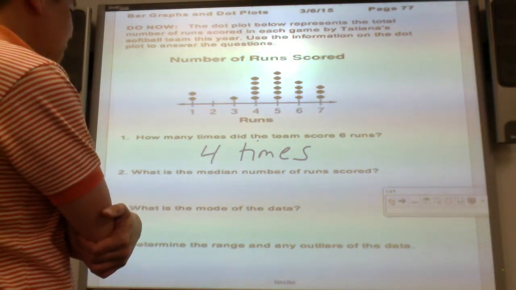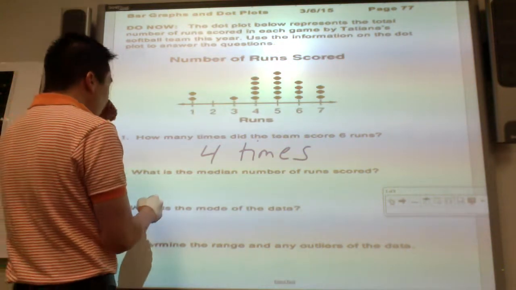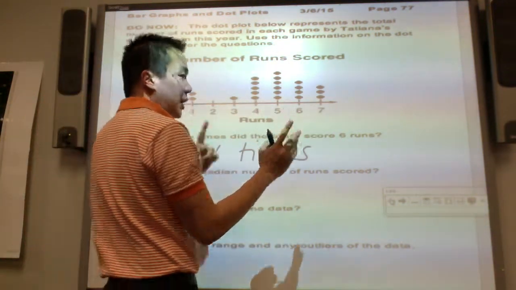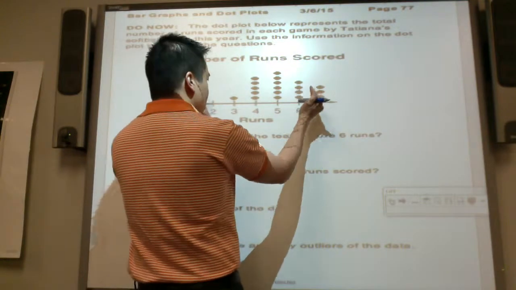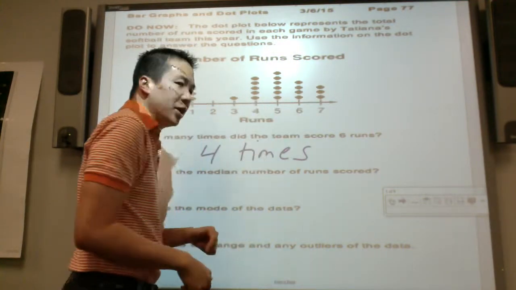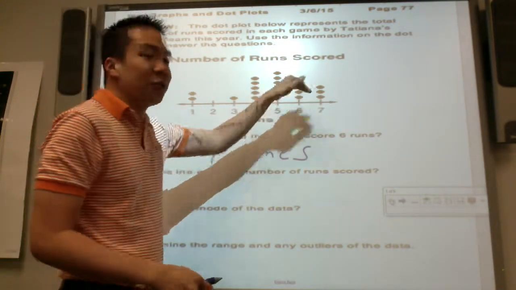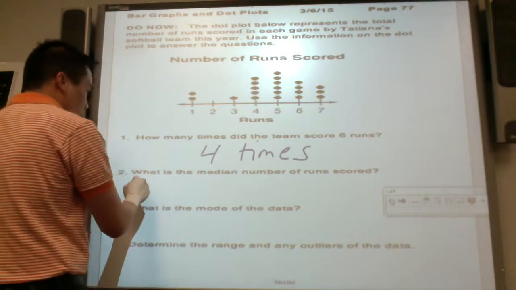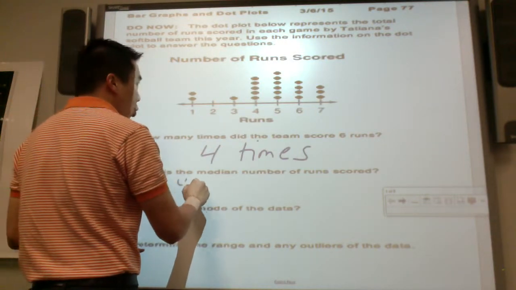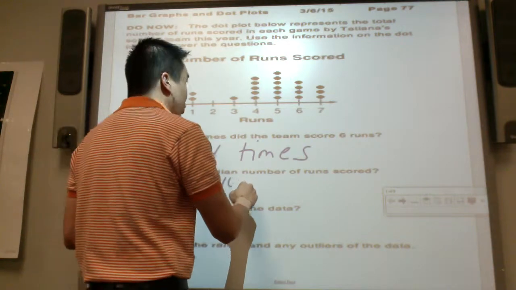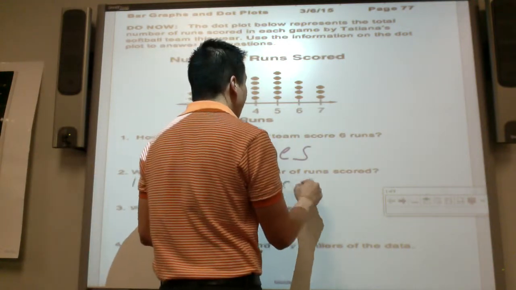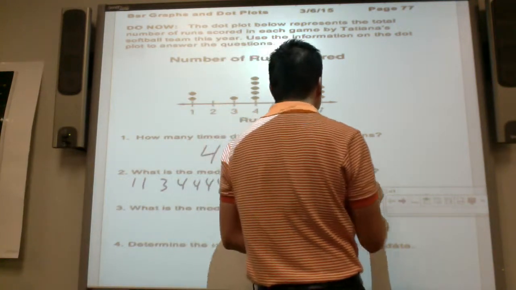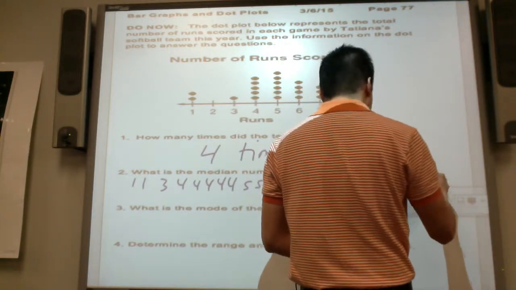What is the median number of runs scored? Please do not do this. I see a lot of kids say, oh, the median is 4. No, it is not. You have to list out the numbers. So we have 1, 1, 3, 4, 4, 4, 4, 4, 5, 5, 5, 5, 5, 5, 6, 6, 6, 6, 7, 7, 7.